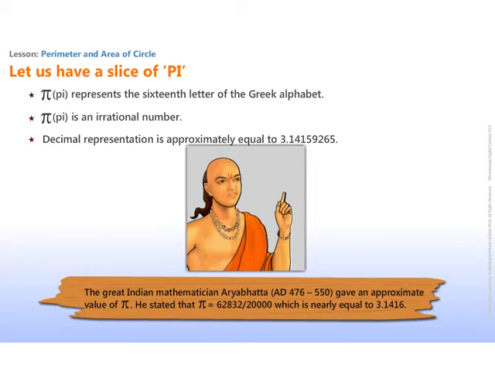The great Indian mathematician Aryabhatta, who lived between 476 and 550 AD, gave an approximate value of pi. He stated that pi is equal to 62,832 divided by 20,000, which is nearly equal to 3.1416.